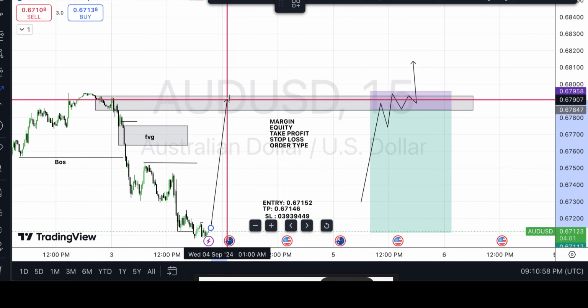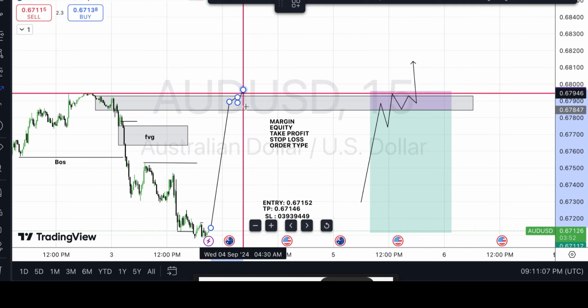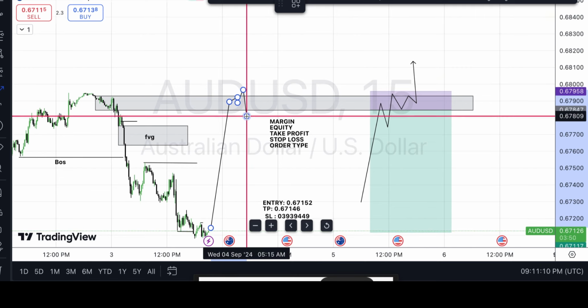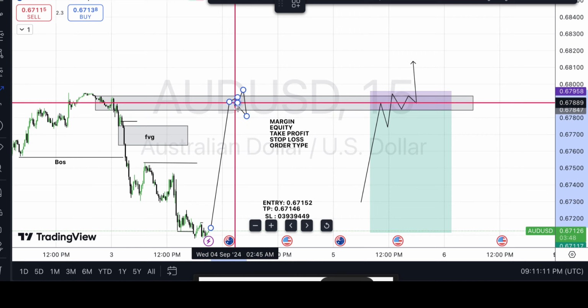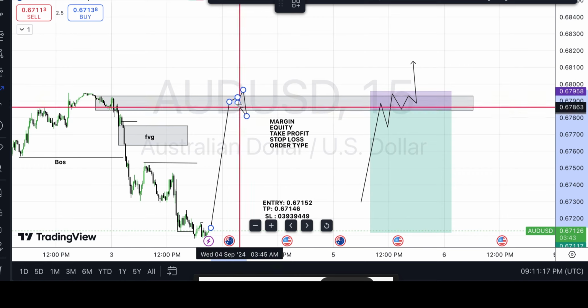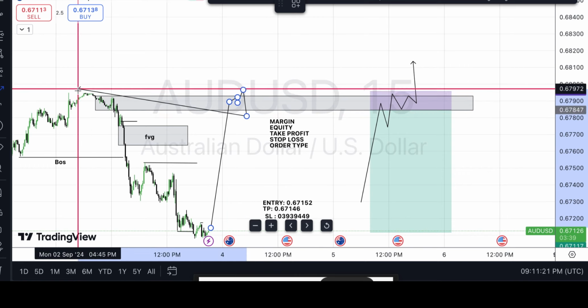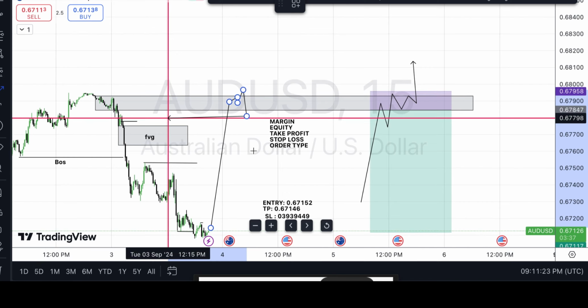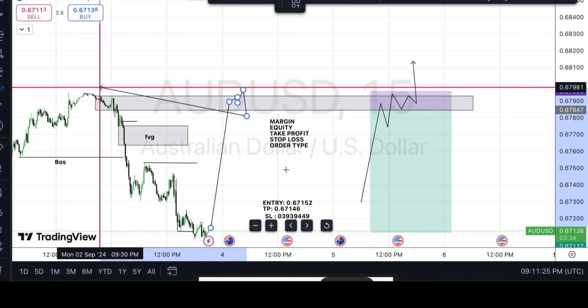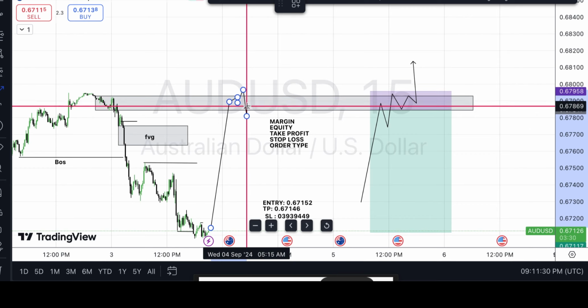it started doing some shaky, tricky moves, and then it went above this high, and then immediately came down to do a break of structure. So what price did here was come and take out liquidity, to take out people that set their stop loss here. It came to that zone and took them out, then it gave the price more force to pull down.